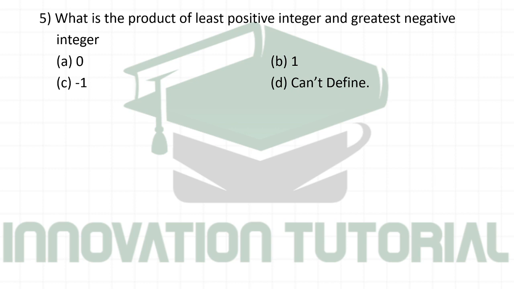See, first of all, let us understand the question. They are asking what happens if we multiply the smallest positive integer and the largest negative integer.